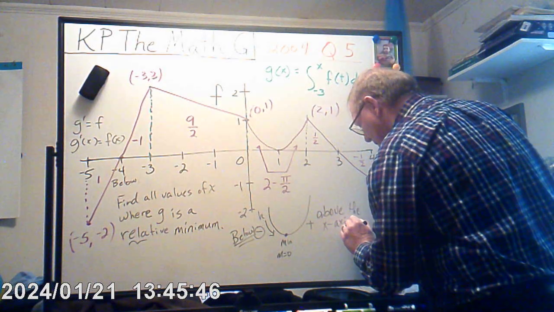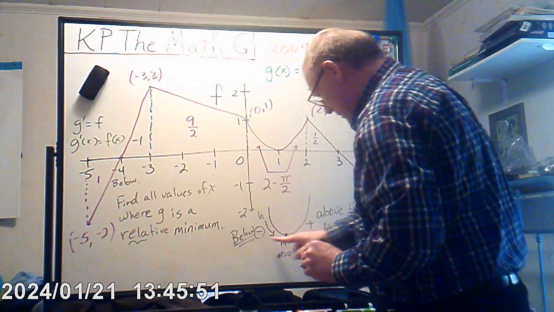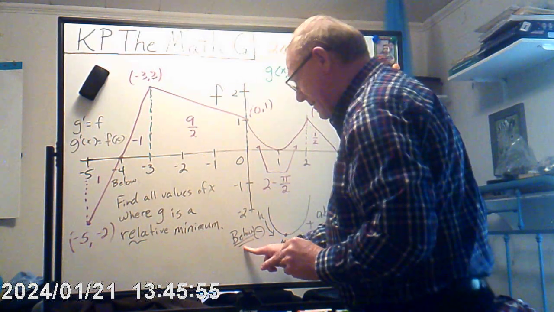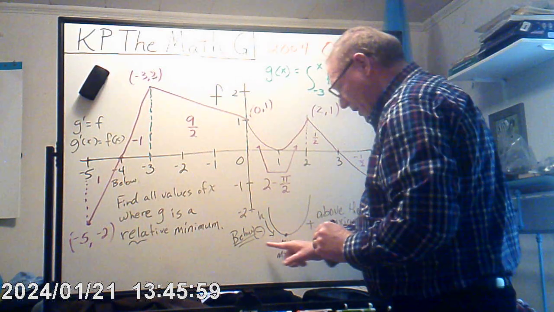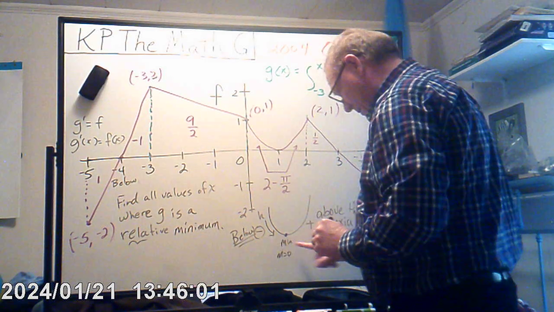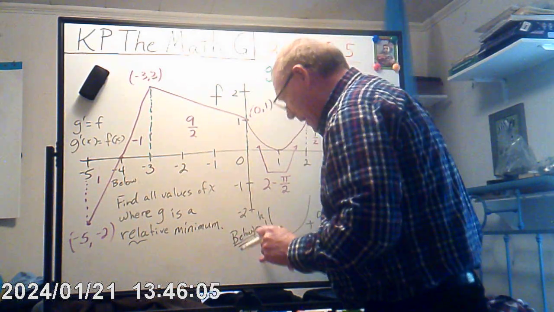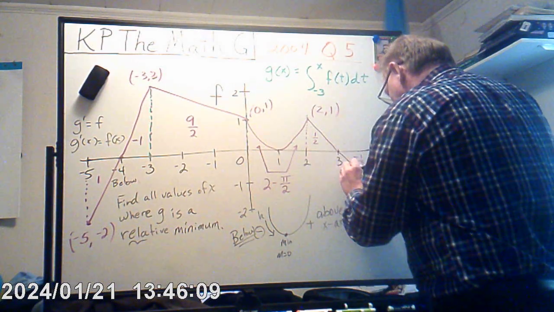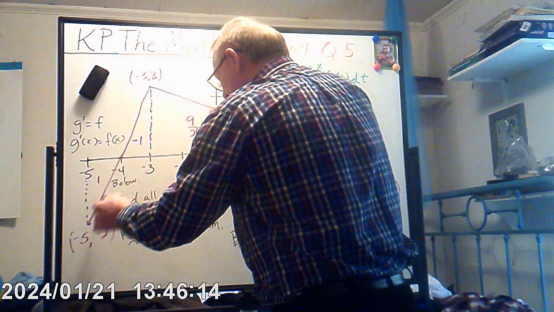So we're looking for something that changes sign from negative to positive. You got that? It's got to change sign. So let's look for things below the x-axis. I see something here below the x-axis, and I see something here below the x-axis.